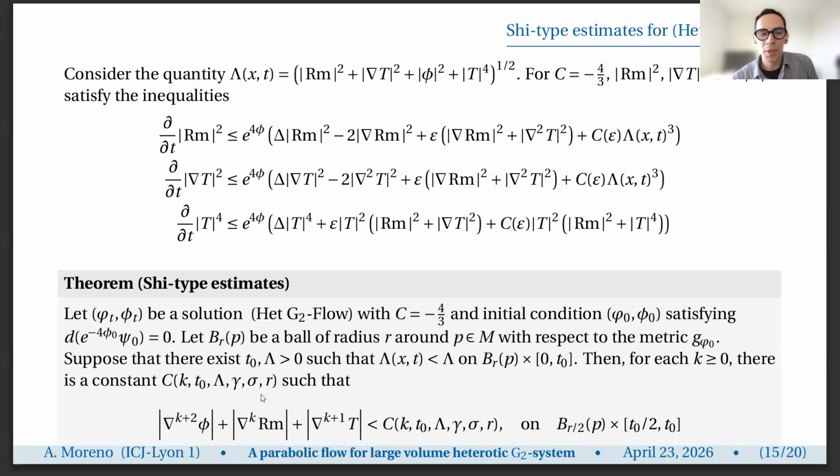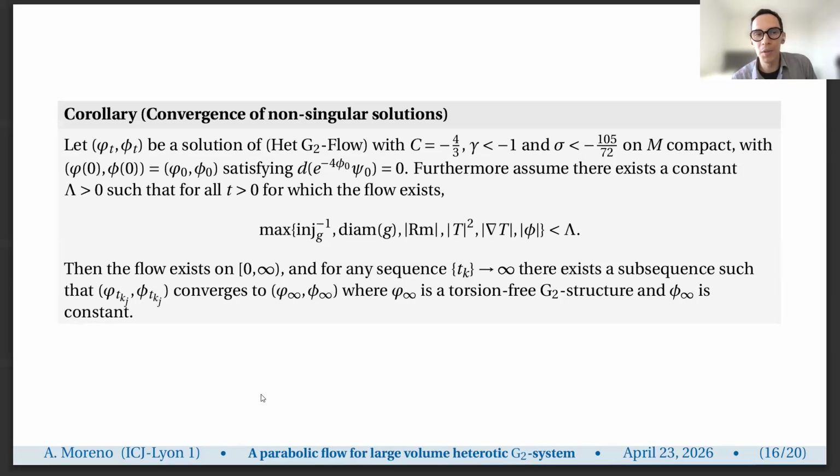And the important application of these Shi type estimates is this very nice result, which is the convergence of solutions when you have some hypotheses. So, for instance, if you have again these bounds in the curvature, in the torsion, and the first derivative of the torsion and the dilaton, it means you can apply the Shi-type estimates.